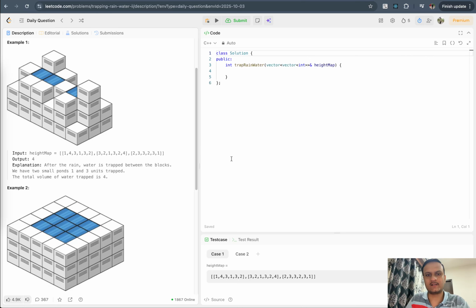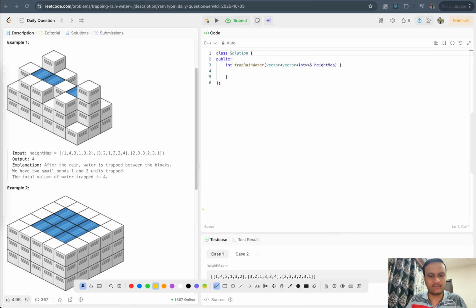Okay, so let's understand with a pen here. We have a height map, and we have a matrix of 3 cross 6. In this illustration we can see it's 6 comma 3, or 3 comma 6.